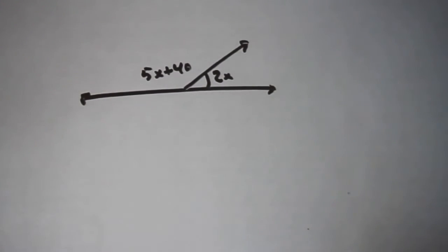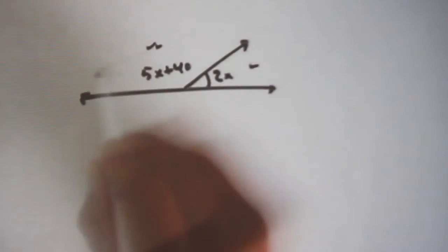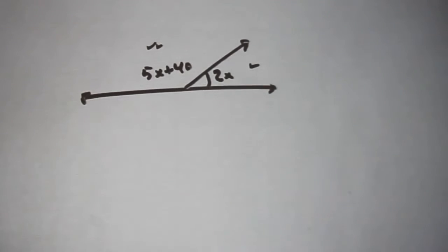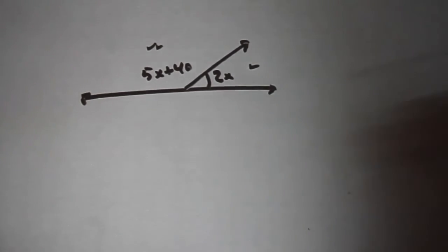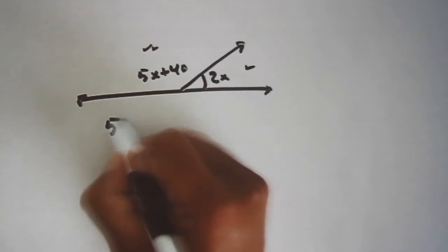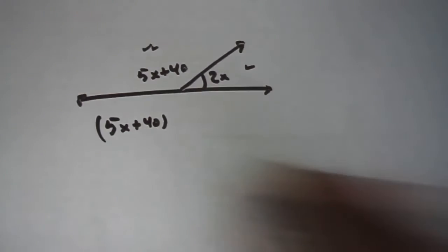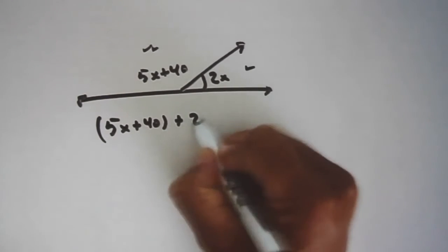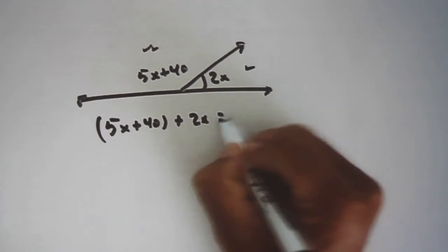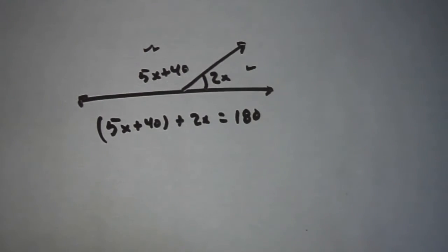And again, we have two angles that make up the straight line. So the two angles added together have to make up 180 degrees total. So we can say that the 5x plus 40, I'm going to put parentheses around it, that's the first one, plus this 2x has to equal 180. So that's the equation we set up. Two angles added together make 180.